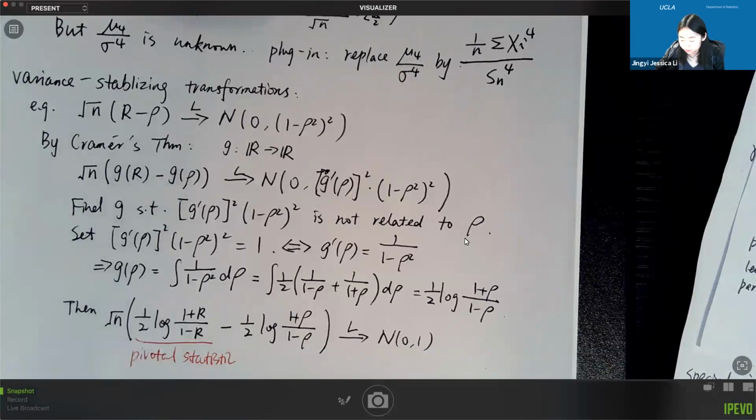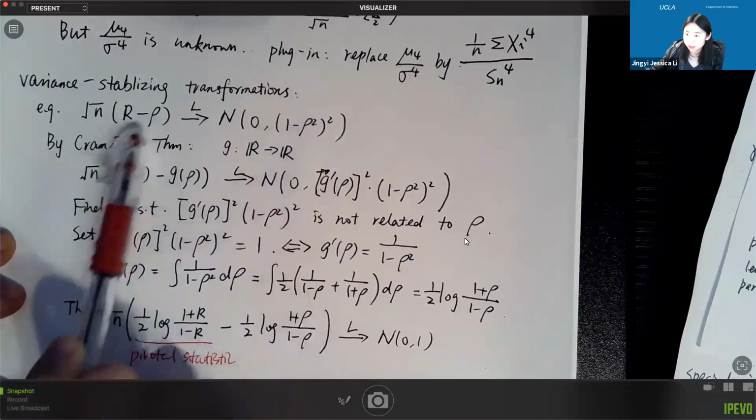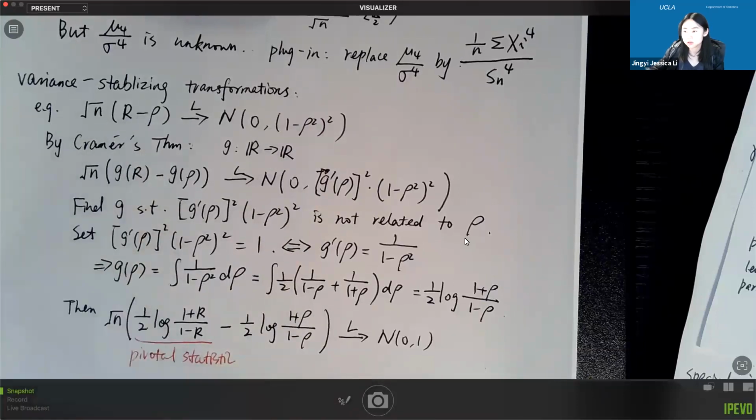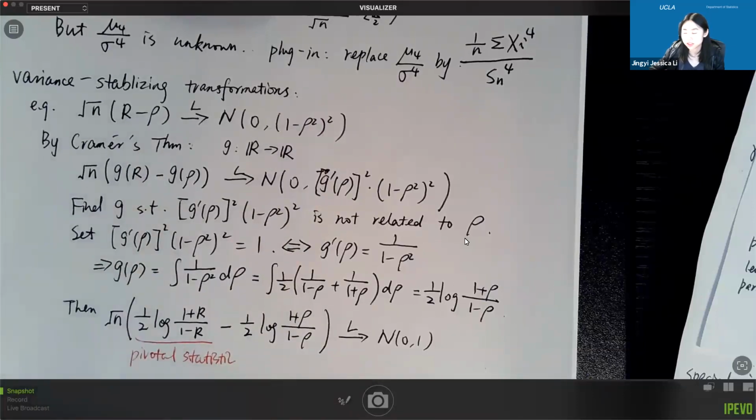But if you want to do that, you still need to do some algebra to make the upper bound and lower bound not related to rho. That's the ultimate goal. This may not be the only way, but it's good to know.